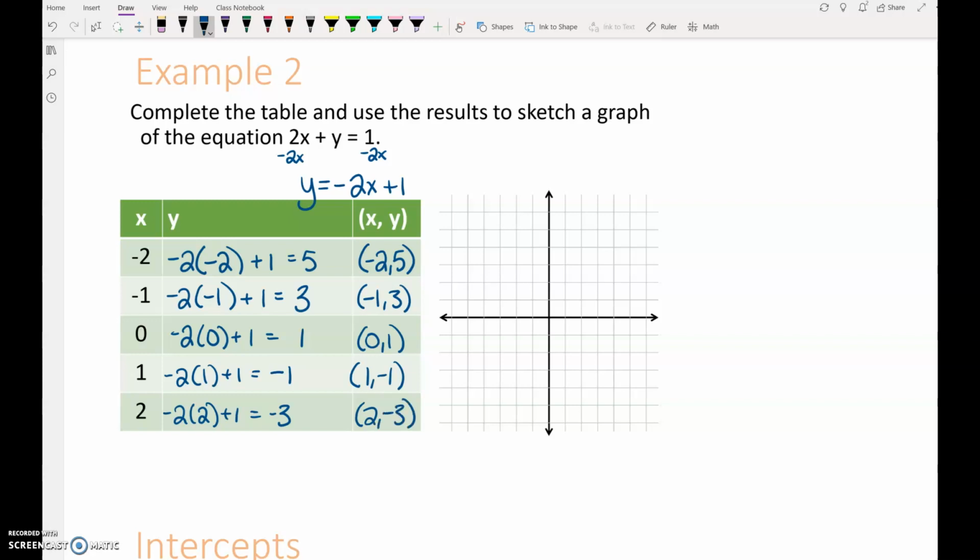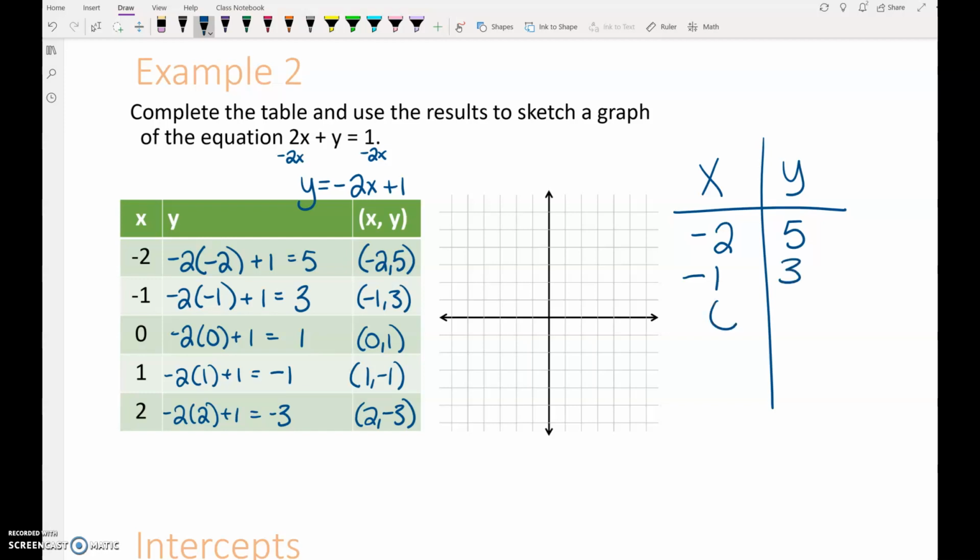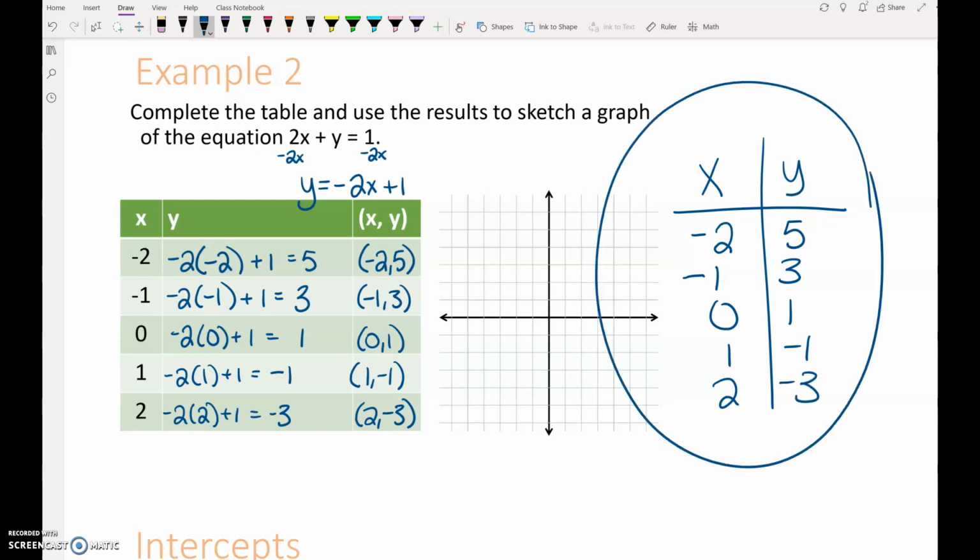And -3. On your assignment, it's just going to ask you for the table of values. So if you have something like -2, 5; -1, 3; 0, 1; 1, -1; 2, -3, that would be considered a correct answer for this problem on your assignment. I feel fairly confident that you all can plot points if you really have to.